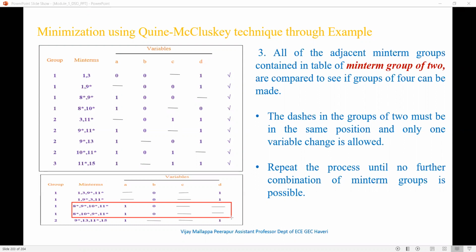Since all are don't care terms, there is no need to include that in the minimized expression. If there was any term which is not a don't care, which was included while creating the group of 4, at that time that term needs to be included. Now all the 4 min terms are don't care terms, so there is no need to include that in the minimized expression. Have you understood this one? This is very important.